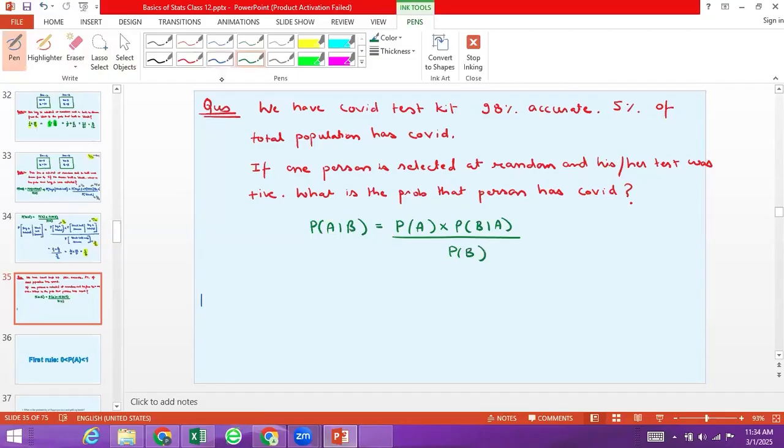Okay. I'm not asking you to solve the question, but can you at least help me write this formula in words?